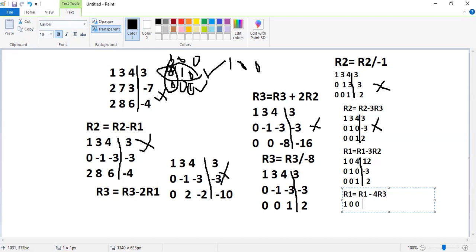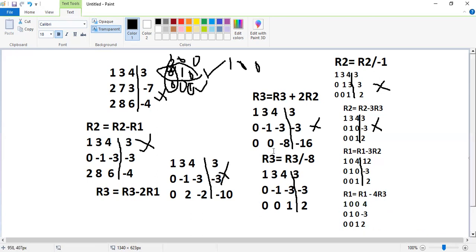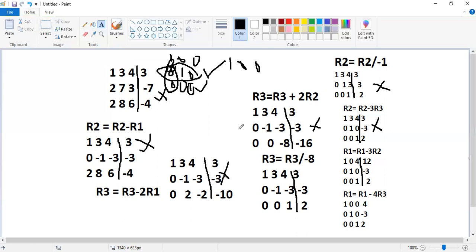Row 3 figure, which is 2, gives us what? 4. You see? Then we get our 0, 1, 0. Let's replace the rest. 0, 1, that's 2. So now, this will be our final step.